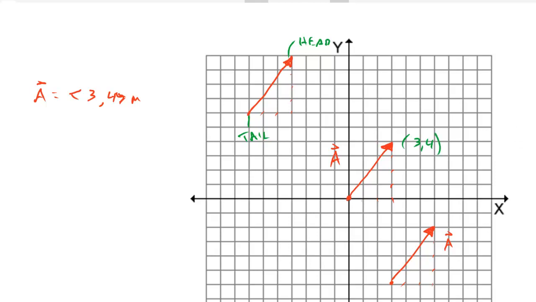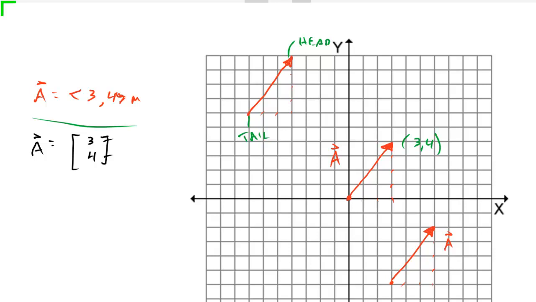There's a couple other ways we could write it. Most typically, I'll probably write it this way in class, but we can also write it in another form here. We could say that vector A is also equal to, written like a matrix, or actually this is called a column vector, 3, 4, in which the first one on the top is the x, and the second one down below is the y.